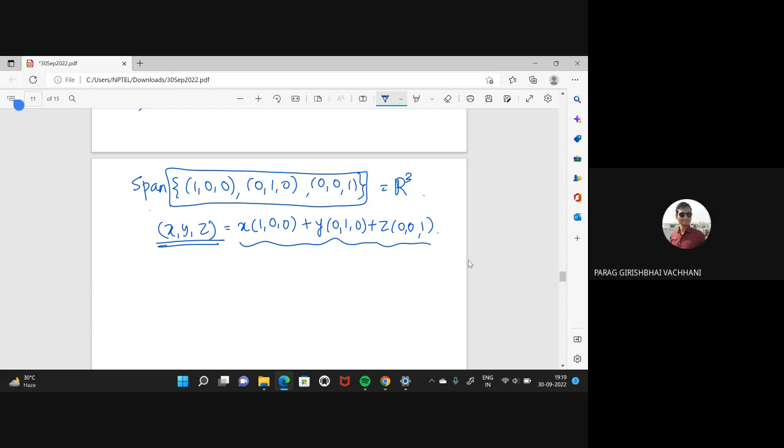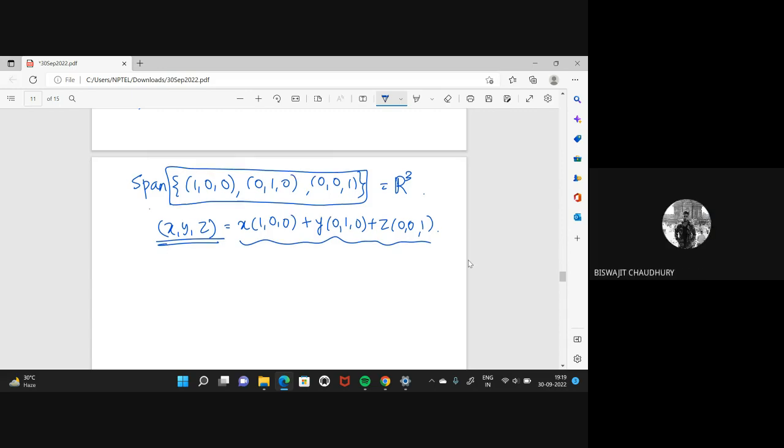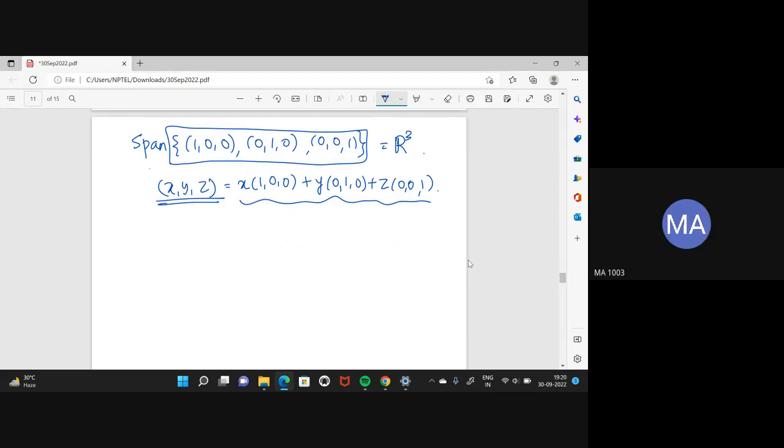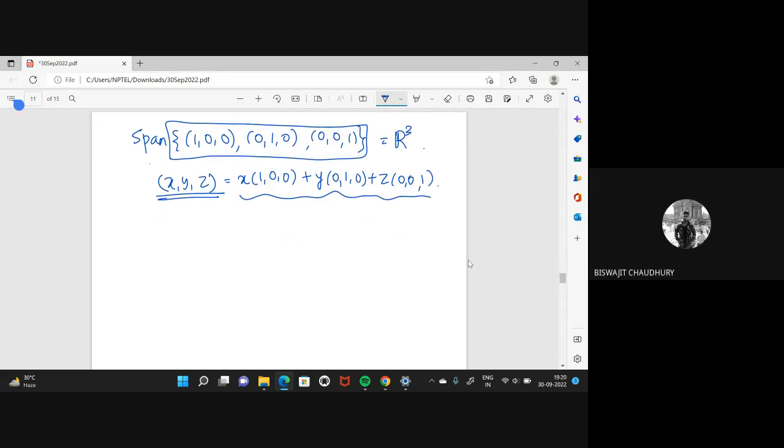Yes. Okay, madam. Got it. What can you say about two vectors in R2 which have different directions? Will that be a spanning set of R2? Yes, because two vectors with different directions are going to generate a plane, right?